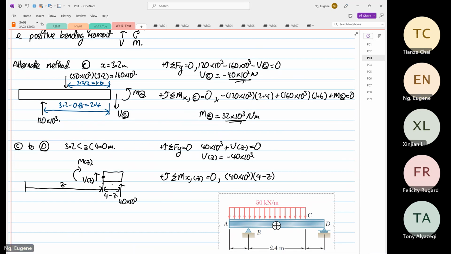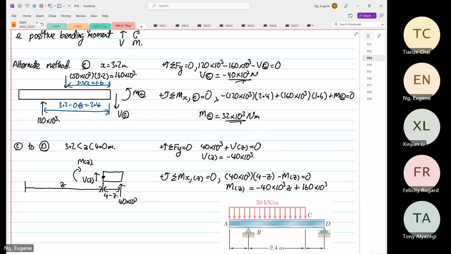It's going clockwise, minus M as a function of z is equal to 0. So M as a function of z is equal to, wait, let me check, anti-clockwise is positive. Yep, it's correct. So it's equal to minus 40 times 10 to the power 3 z plus 40 times 10 to the power 3 times 4, which is 160.